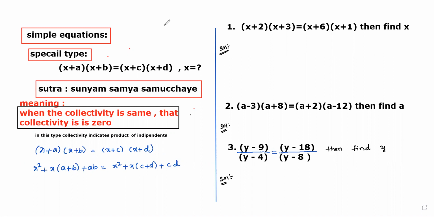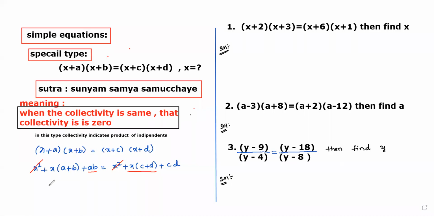Both sides have an x square term, so we can cancel it. After that, if you want to find the x value, we transpose this term to the left side and the ab to the right side. So x(a + b) minus x(c + d) equals cd minus ab.